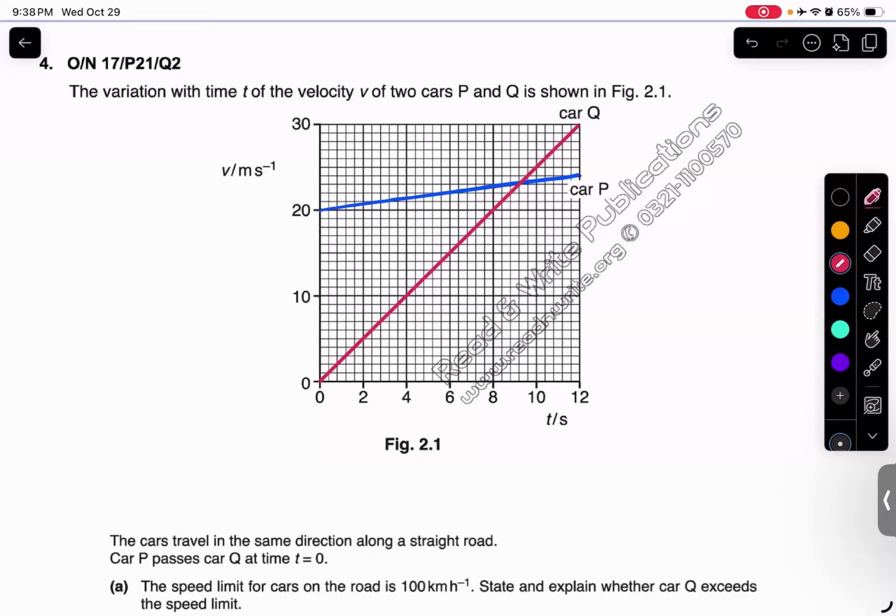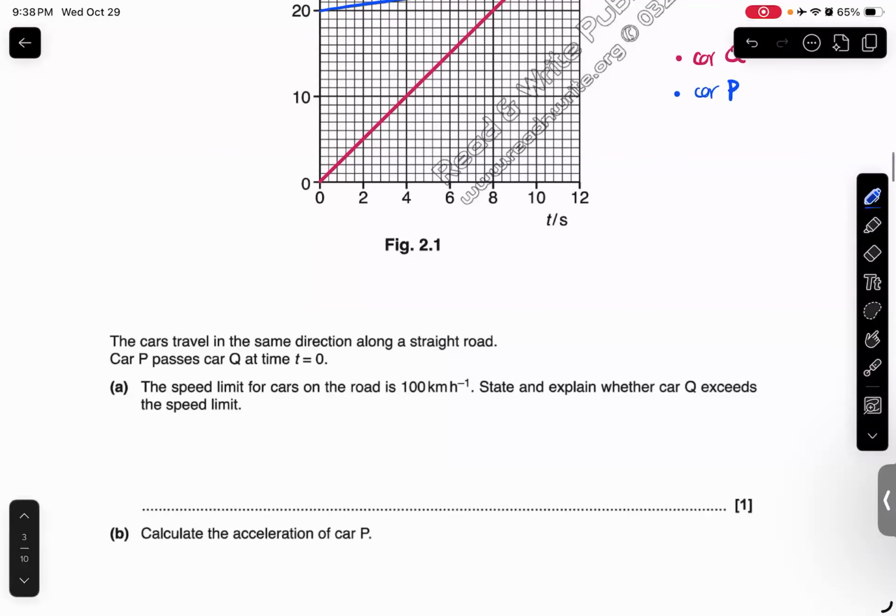So red is car Q, and blue is car P. Make sure you remember that, because I'll be solving the solutions with the color, so you're clear with it.